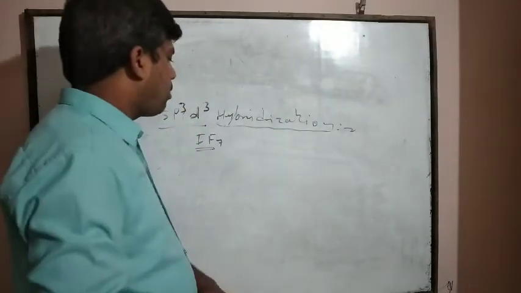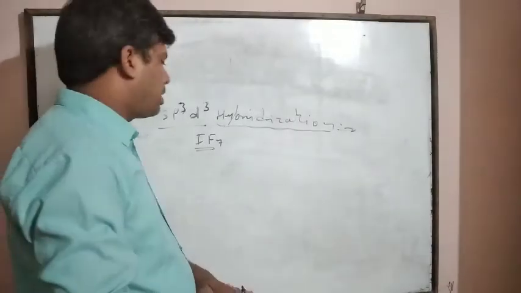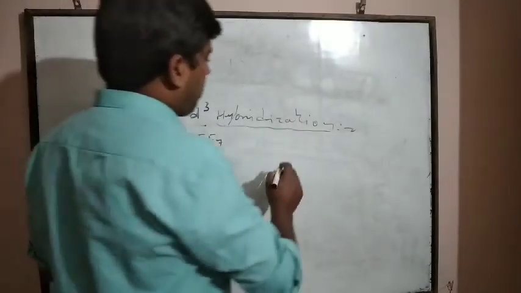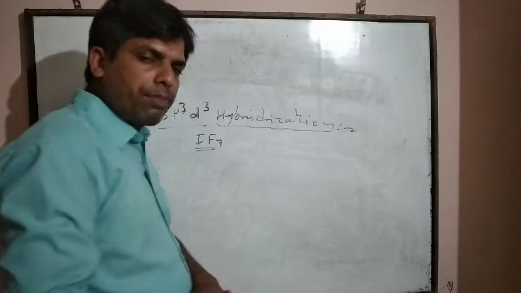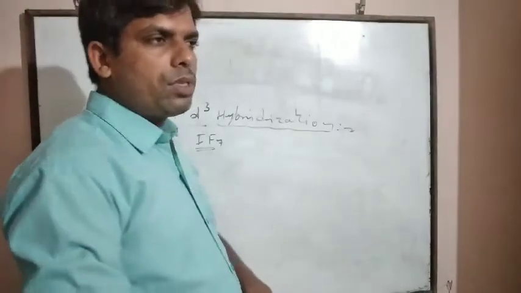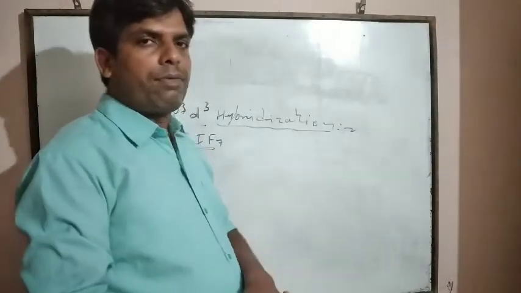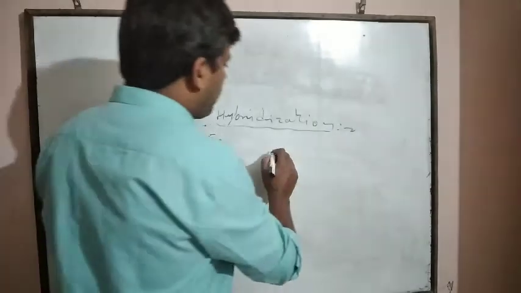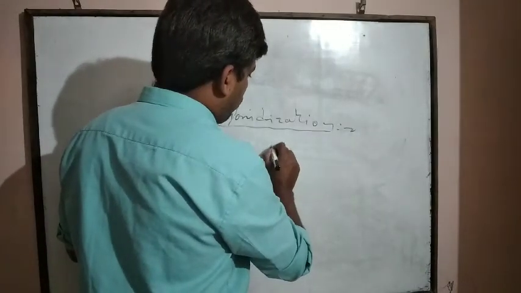IF7 has a pentagonal bipyramidal structure because we know that 7 electrons are present in the outermost shell of halogen atoms.